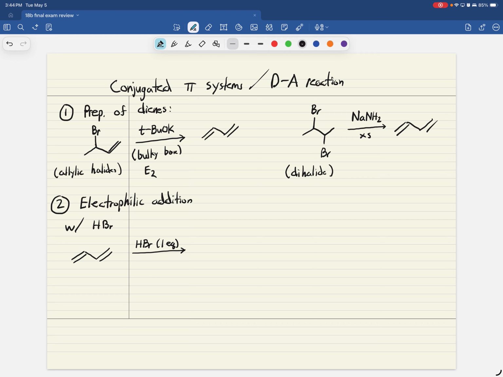Okay. So where would I protonate? Am I going to protonate at the internal carbon? Or on the terminal carbon? Terminal. Because you want to generate a carbocation that is resonance stabilized. Okay, so you want to generate this carbocation.